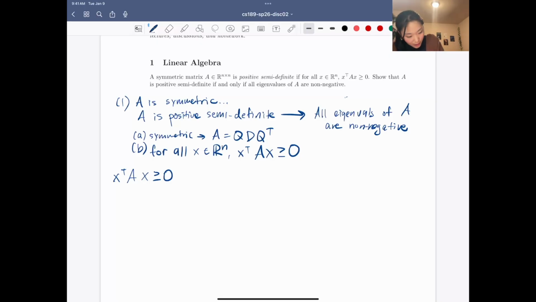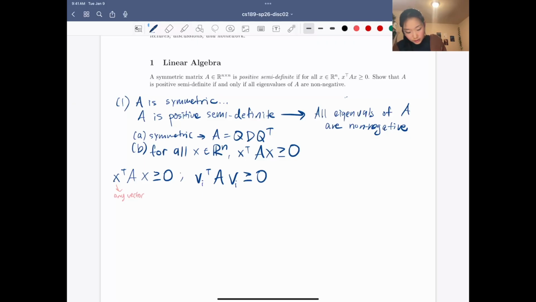And recall that x can be any vector. If x can be any vector, this means it can also be an eigenvector. And so we can say that V transpose A V is greater than or equal to 0. Since V is some eigenvector and there should be many eigenvectors if n is greater than 1, we will just have a subscript i over there.